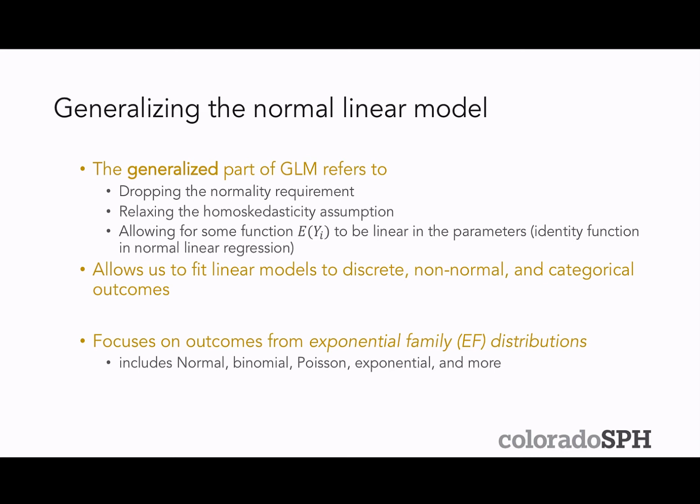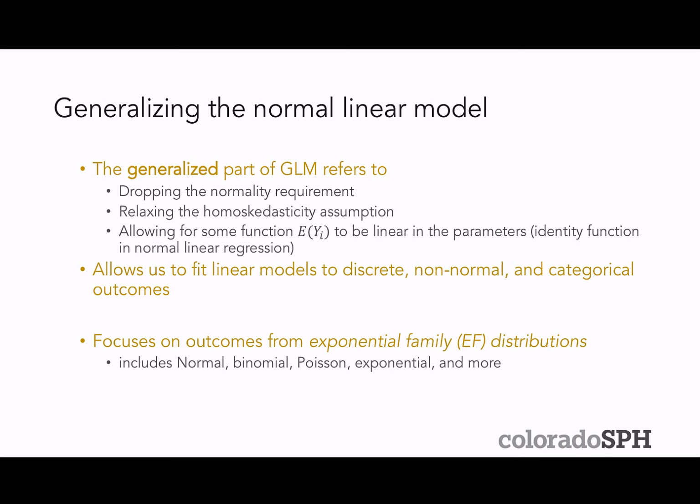We talked a little bit in the last lecture about generalizing the normal linear model. This idea of generalizing comes from the "G" in generalized linear models and refers to dropping the normality requirement for the errors, relaxing the homoscedasticity assumption of constant variance, and allowing for some function of the expectation of yi to be linear in the parameters x beta.